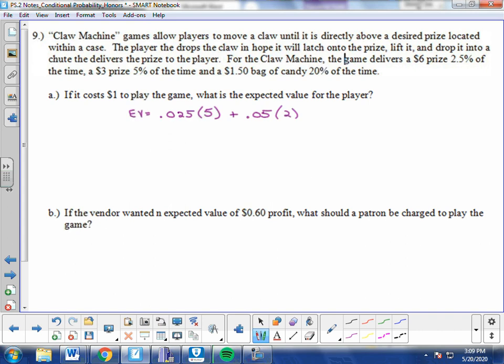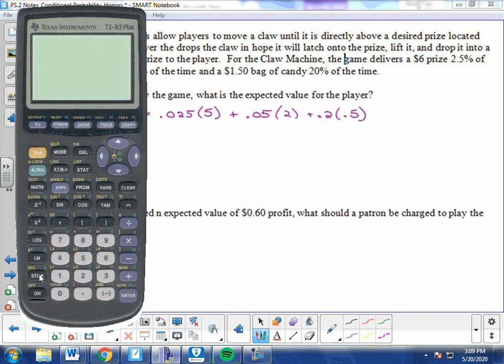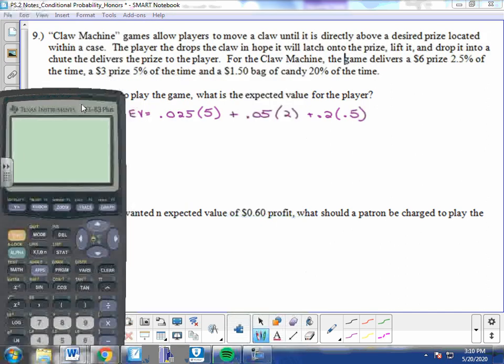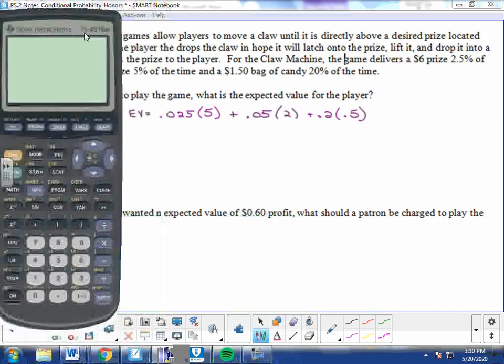Then 20% of the time, or 0.2, you get a $1.50 bag of candy. So you come out essentially 50 cents, or 0.5, ahead. Now, this is the percentage of getting these prizes, but this isn't the only thing that could happen. You might get nothing. You might miss, or the claw might often drop the prize as it comes across the apparatus.